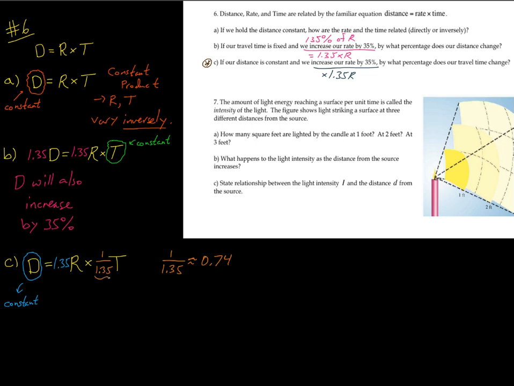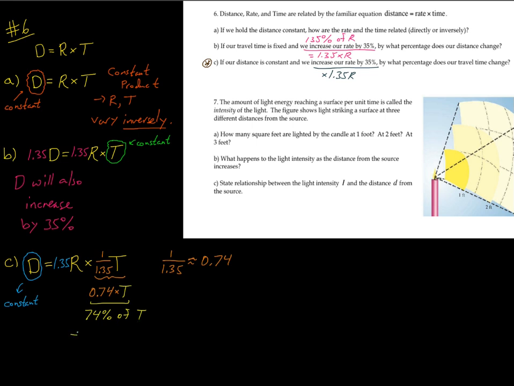Okay, so this little bit right here, the multiplication of time by 1 over 1.35 is the same thing as doing 0.74 times the travel time t. So in other words, I'm multiplying t by 0.74, or in other words, I'm going to take 74% of t, right? So I'm decreasing t.